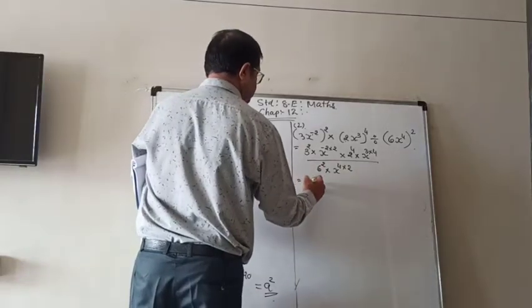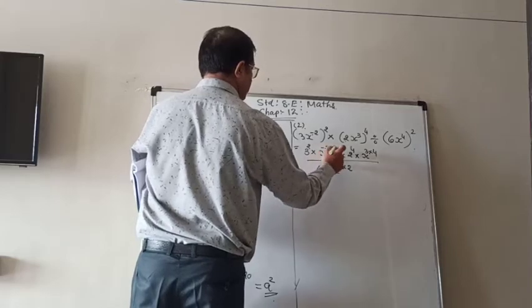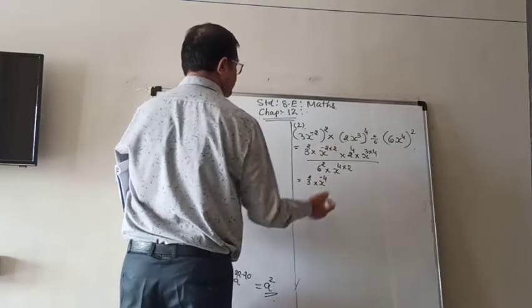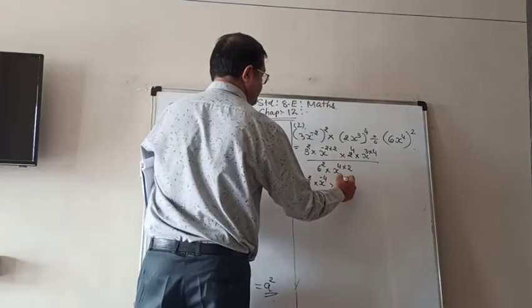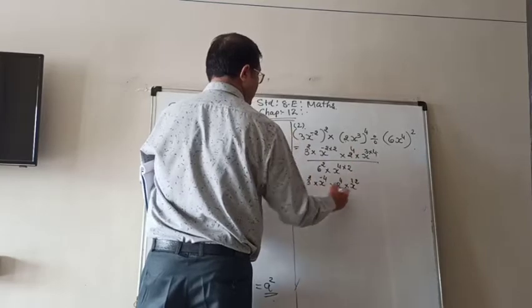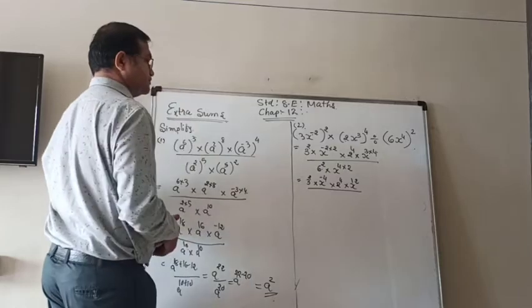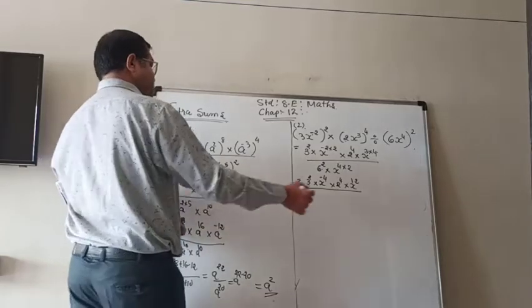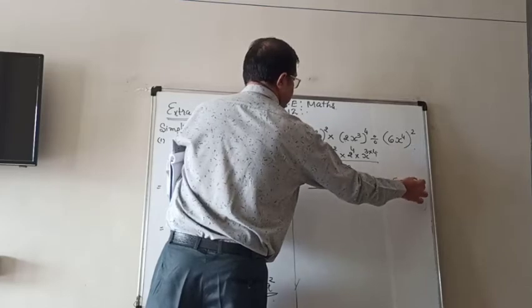So now 3 raised to 2, x raised to minus 2 multiplied by 2 is minus 4. 2 raised to 4 and x raised to 4 threes are 12. Now here 6. You know that 6 you can write as 2 multiplied by 3.